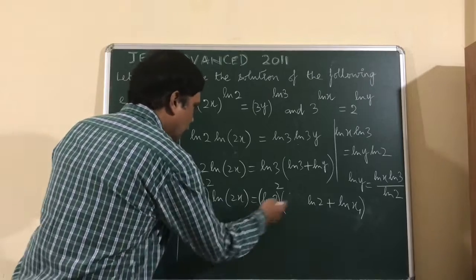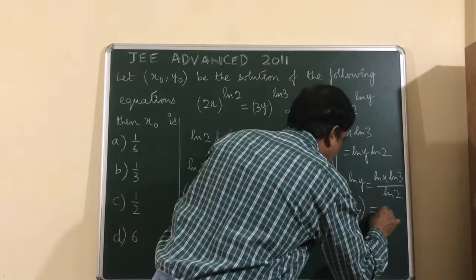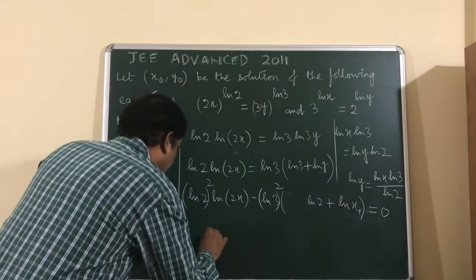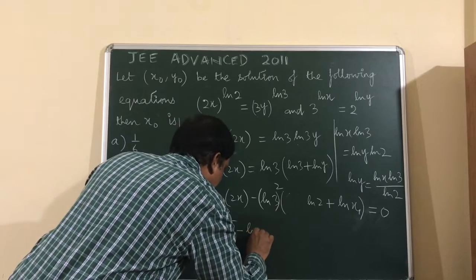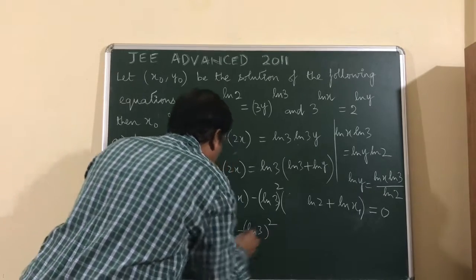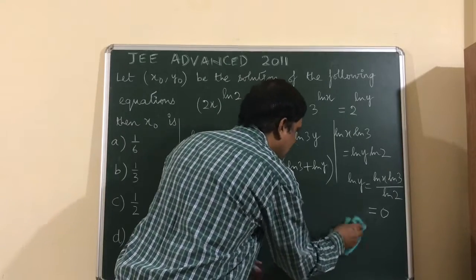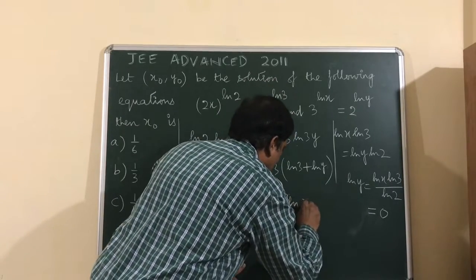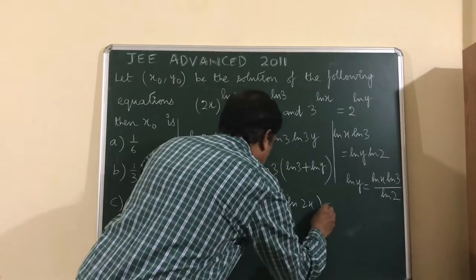We'll bring this to the other side, so it is minus, equal to 0. You see we can write this as ln 2 squared minus ln 3 squared, and ln 2x there, since ln 2 plus ln x becomes ln 2x, is equal to 0.